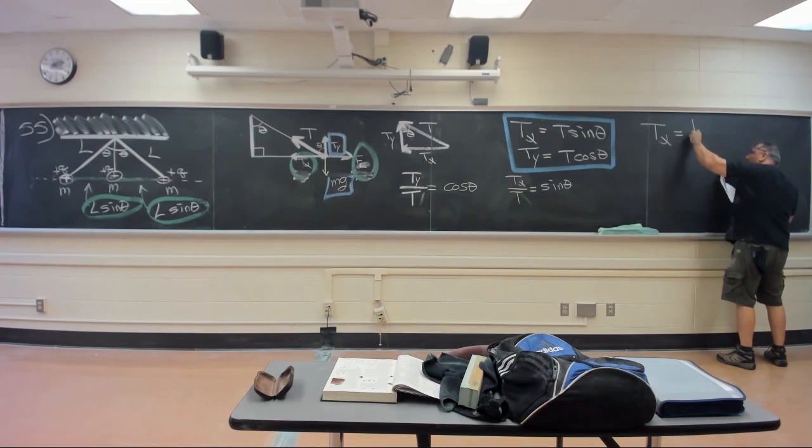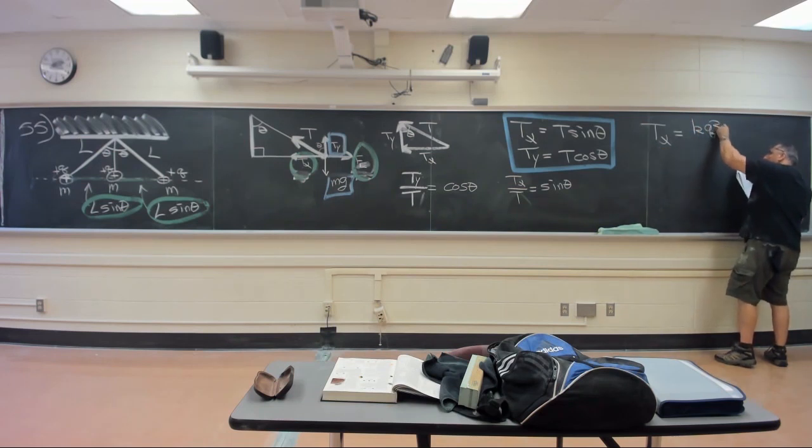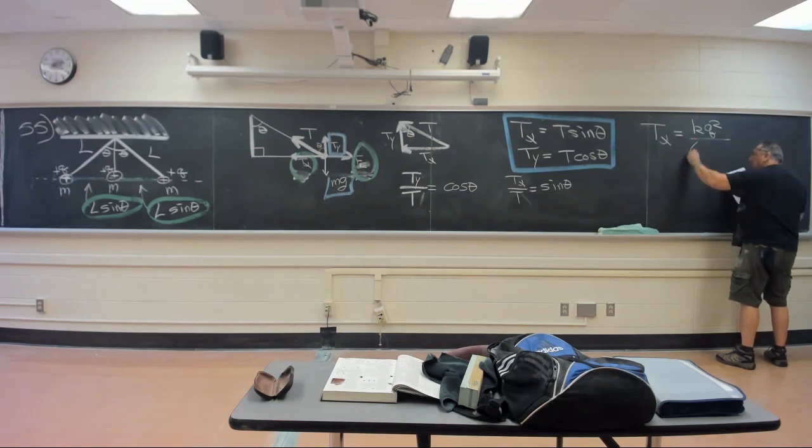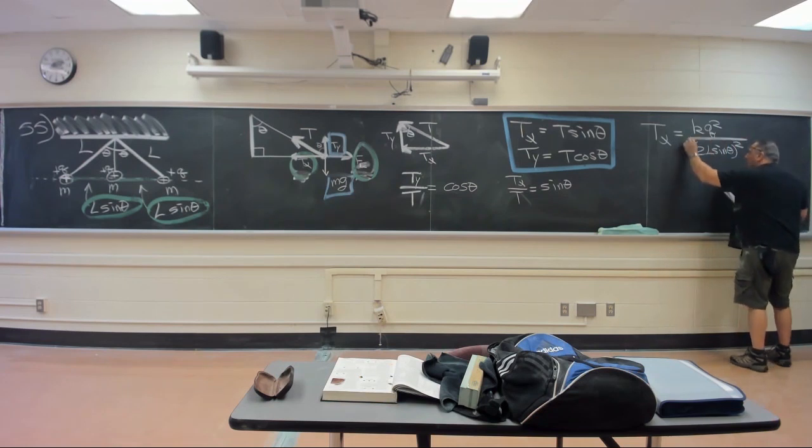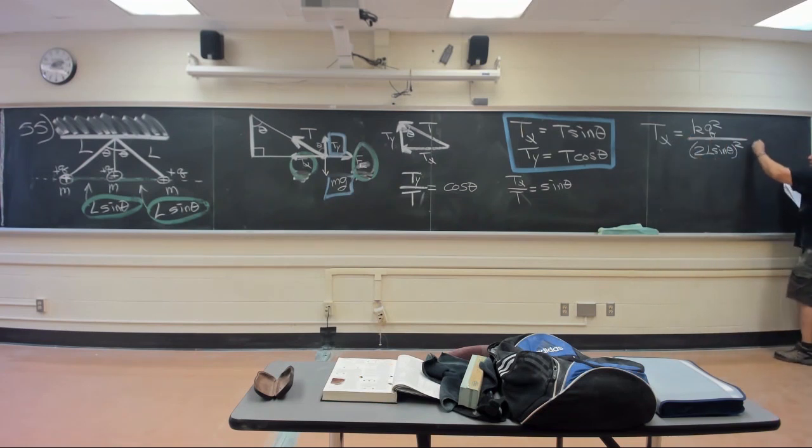Tx is equal to kQ squared over the long distance squared plus kQ squared over the short distance squared. And the same exact thing is happening on the other side. So if I just solve for one side, I've got this thing under control.